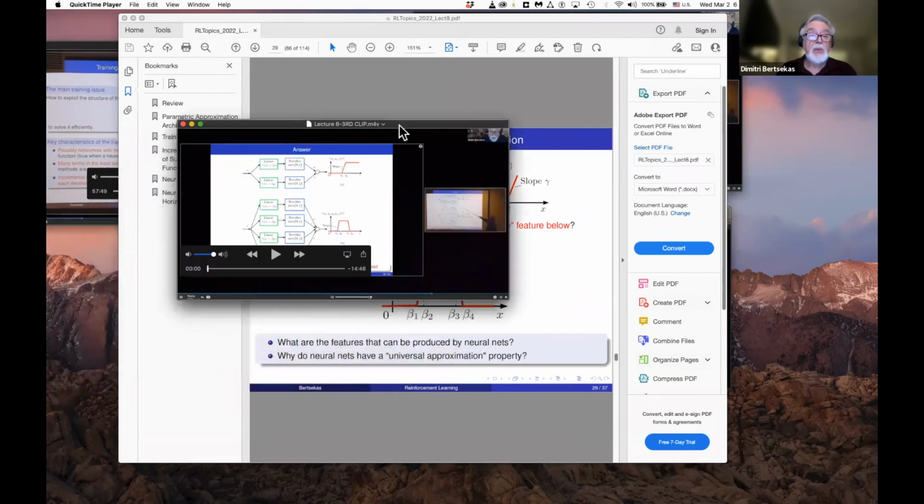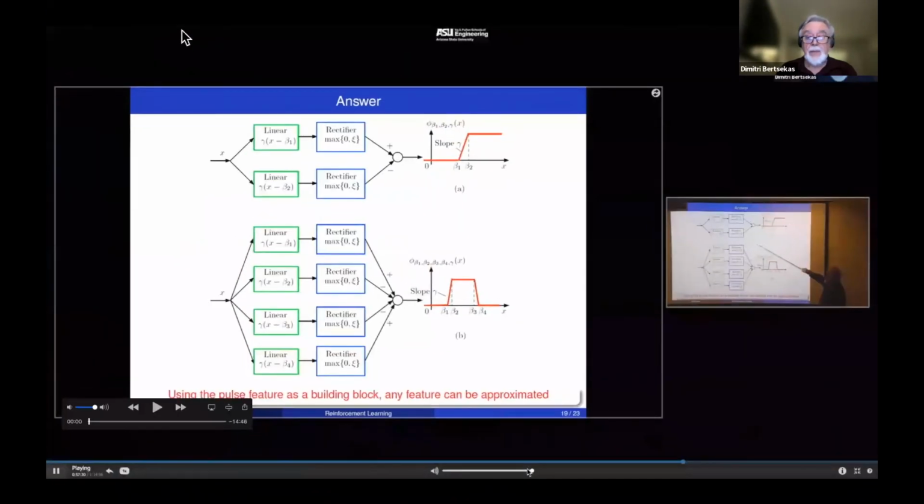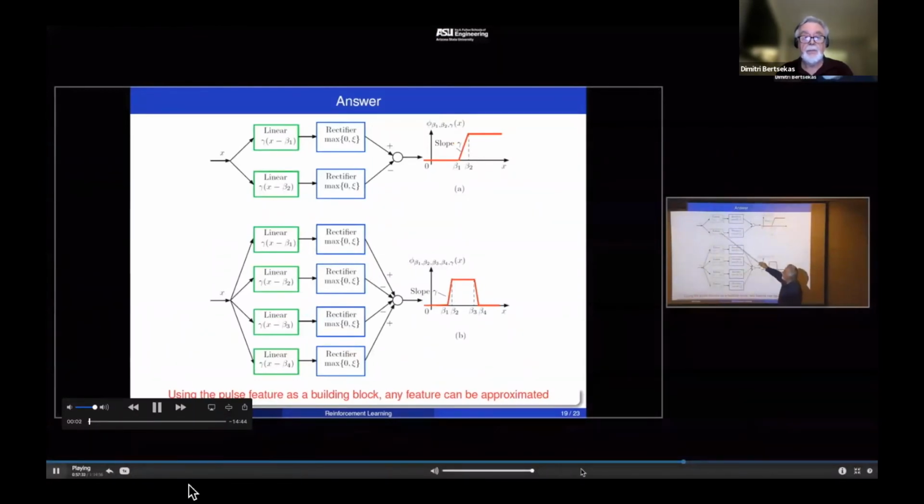Okay, so I'm going to now get to this part of the video. We take X and feed it into two different linear blocks that are followed by a rectifier.